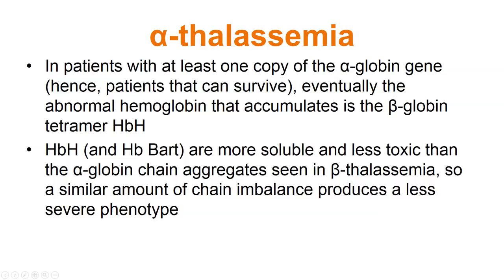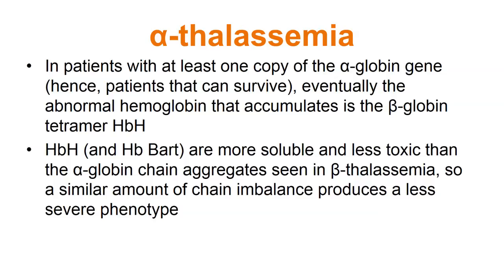Now, both HbH and hemoglobin Bart's are actually more soluble than the alpha chain tetramer. Because they're a little bit more soluble, they still cause issues, but it's not quite as severe as what you see with the alpha chain tetramer in the beta thalassemias. Okay? So the symptoms tend to be a little bit less severe in alpha thalassemia.